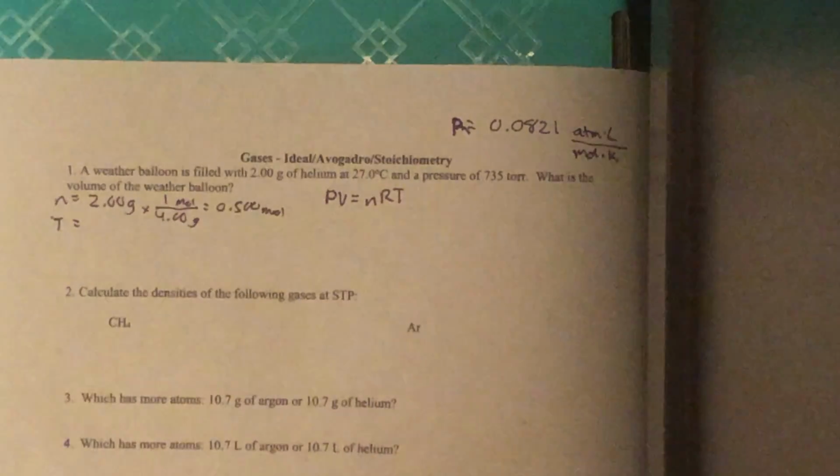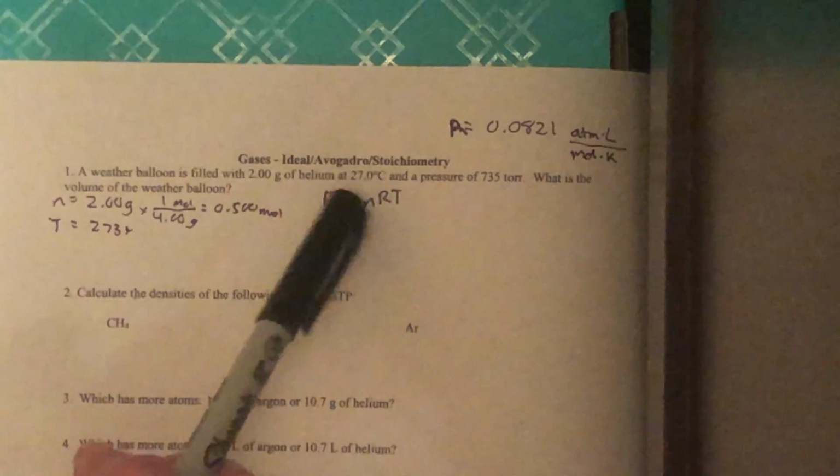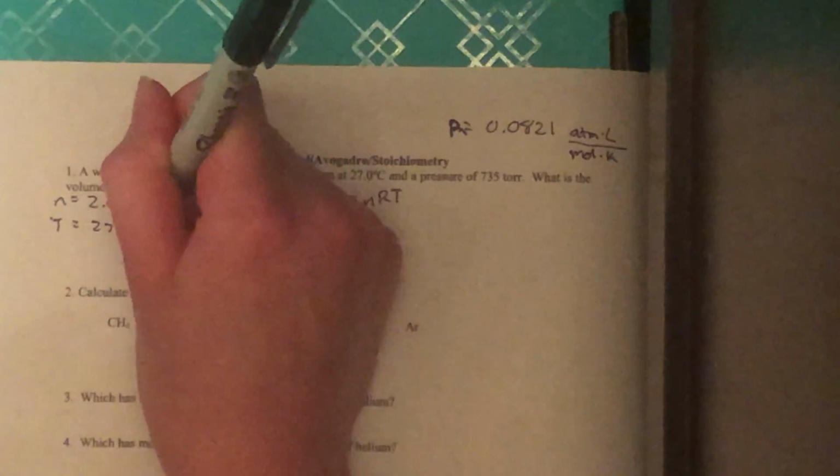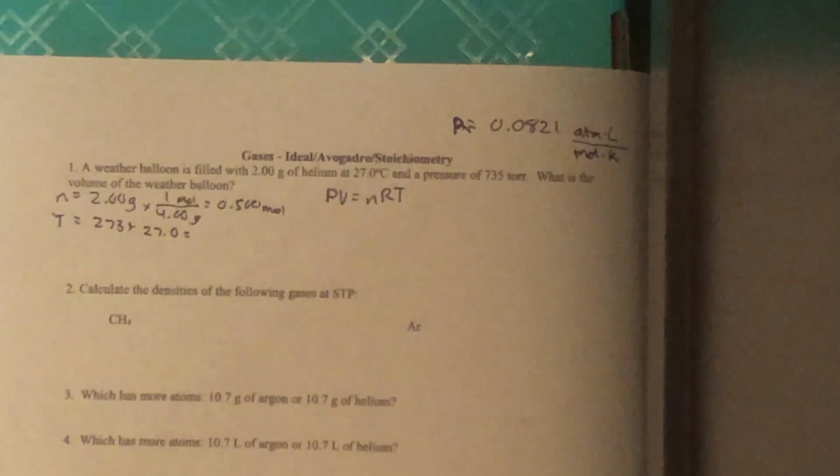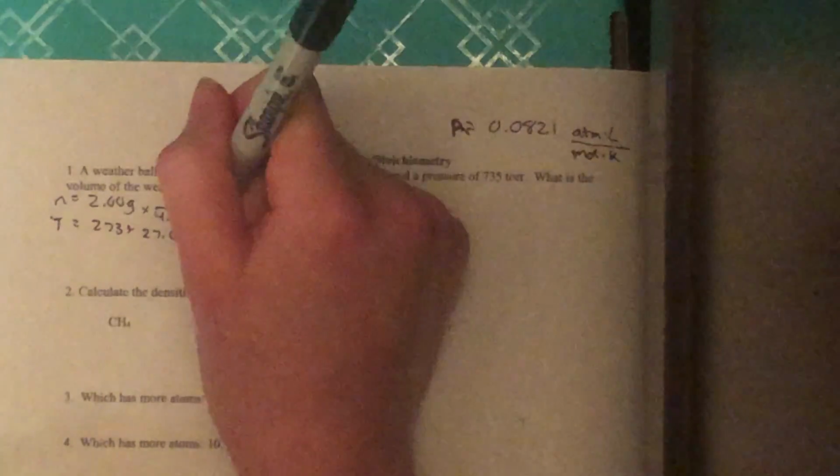Now our temperature is going to be in Kelvin, so that'll be 273 plus the temperature we're given in Celsius, so 27. Gives us 300 Kelvin.